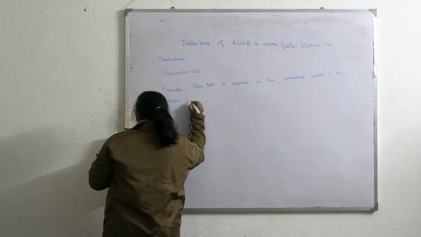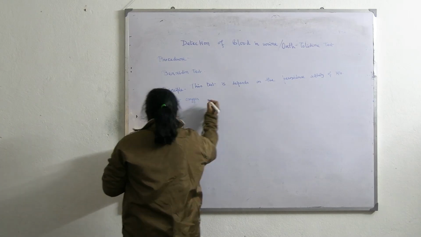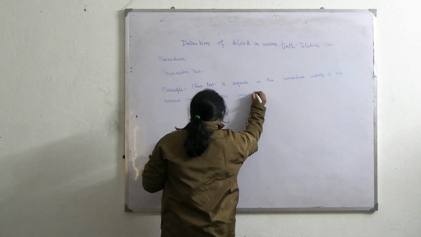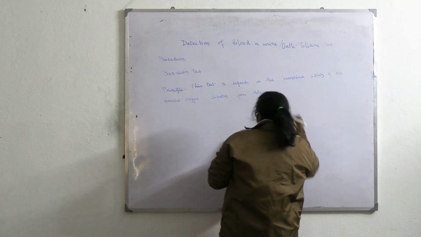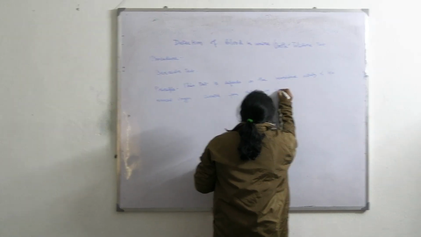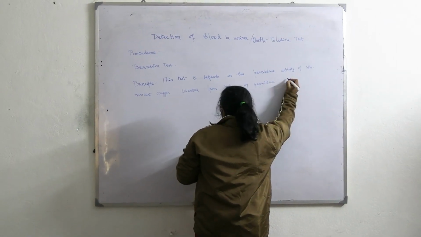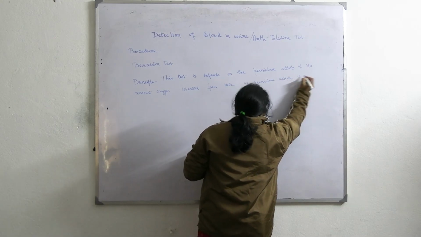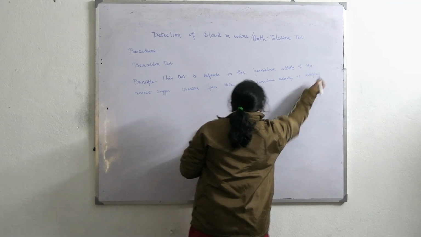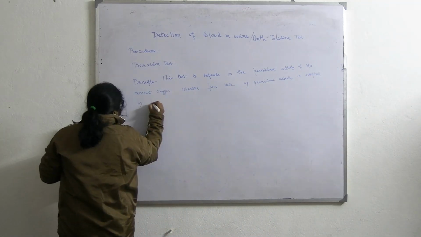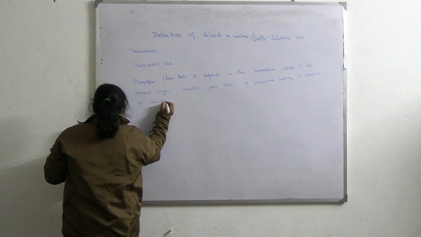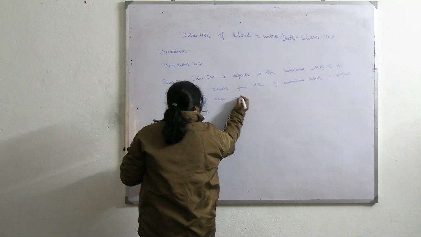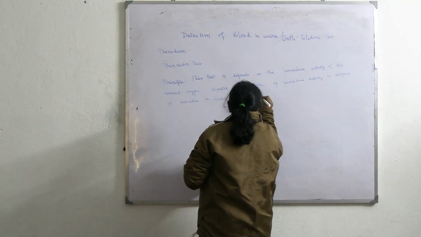Nascent oxygen liberated from H2O2, hydrogen peroxide, by peroxidase activity is accepted by benzidine in acidic medium and produces greenish color.